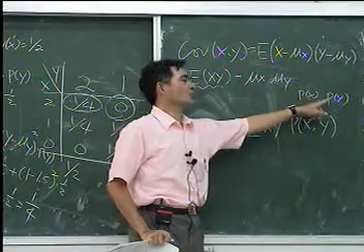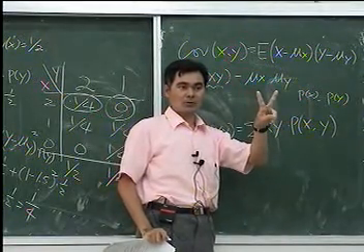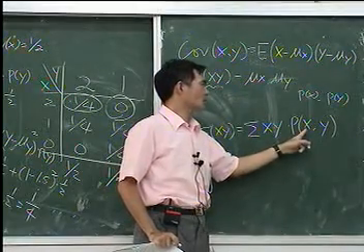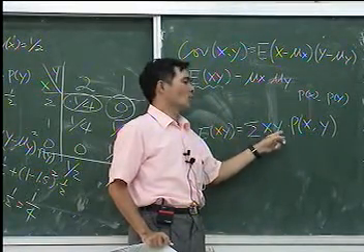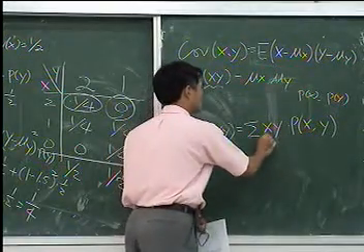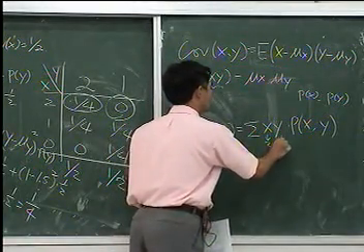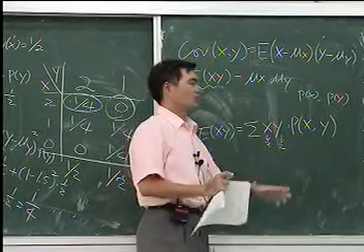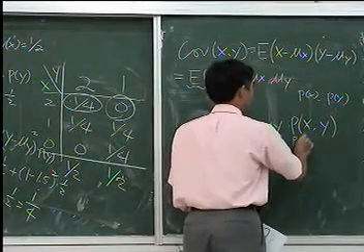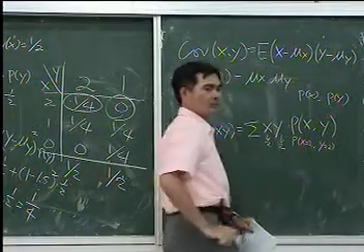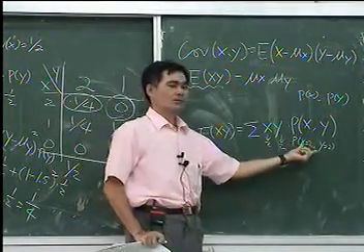But in this case, we are dealing with two variables, so we have to take care of both x and y. When x is equal to 2 and y is equal to 2, the probability should be P(x=2, y=2). That's the difference.